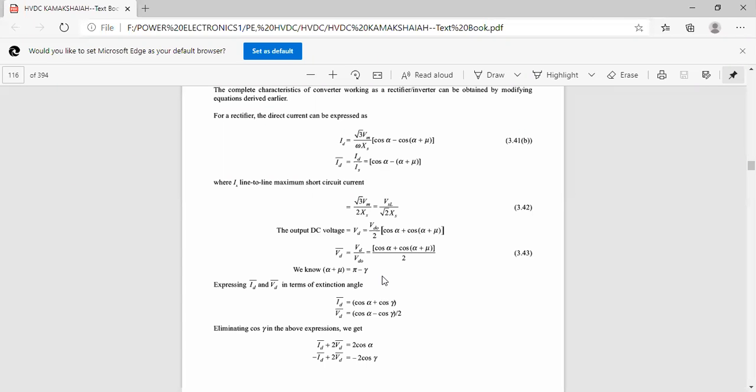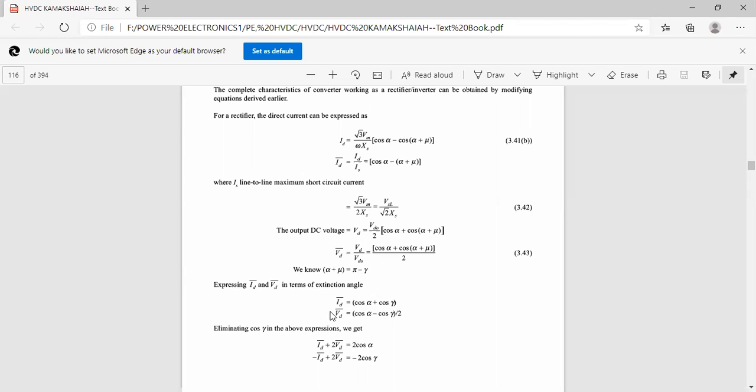Now what I am doing is eliminating cos gamma in our expression. From these two equations, I want to eliminate cos gamma. How will we eliminate cos gamma?